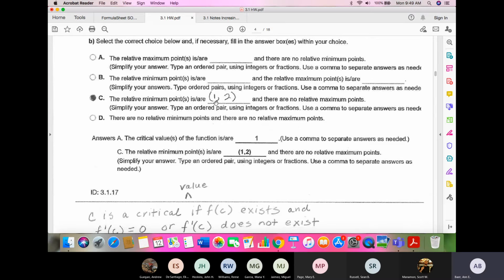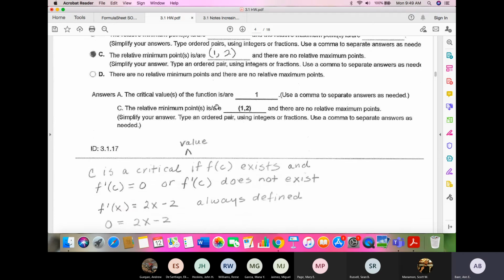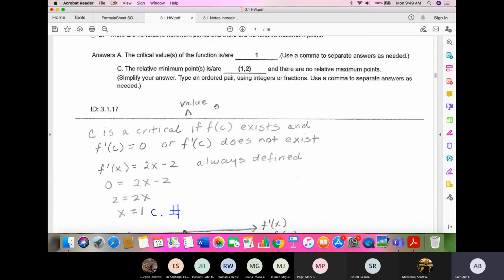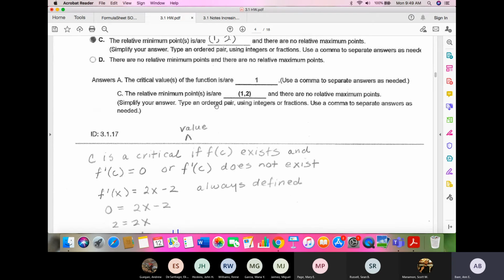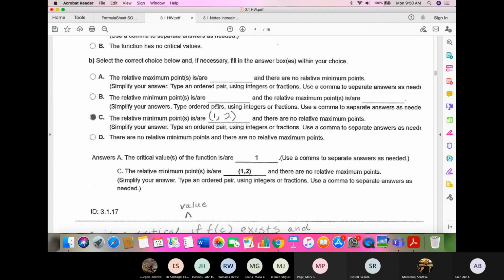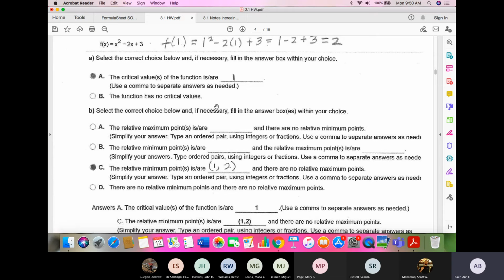And how do we get the y coordinate? They're talking about at this point, what's going on with the graph of the original function? That's what we're concerned with here.